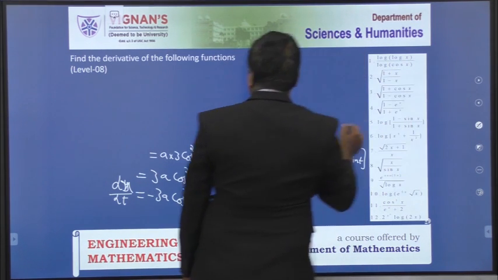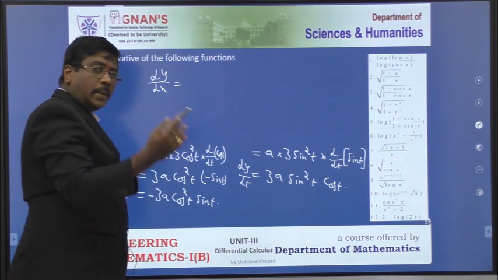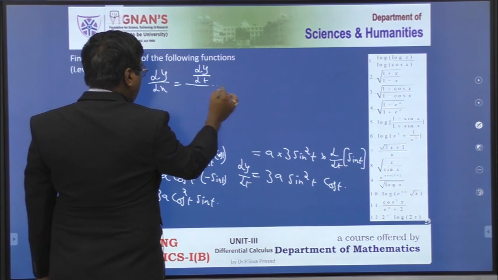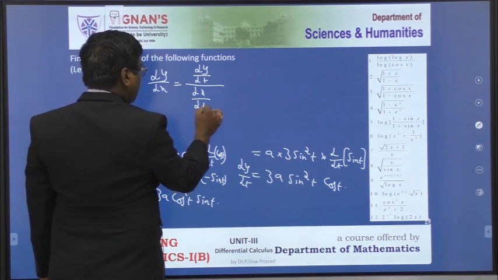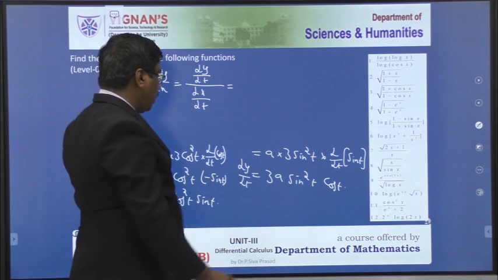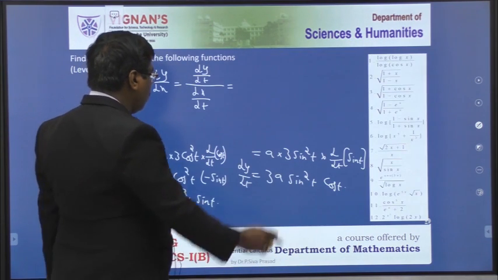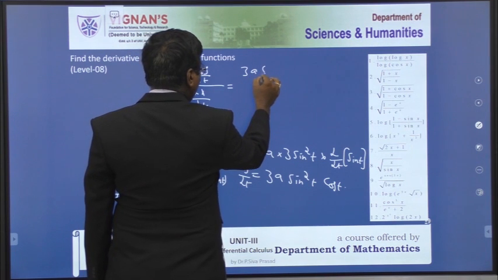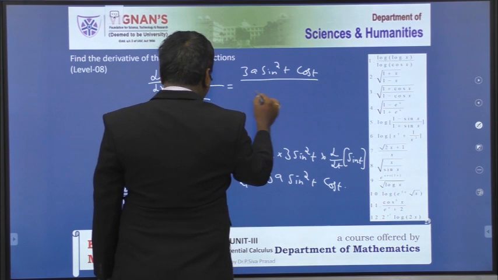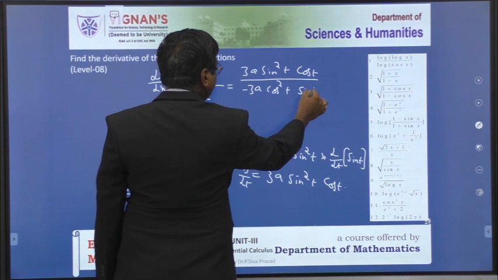Therefore dy by dx is equal to, how do we have to write? dy by dx, you can use the parameter. Therefore dy by dt divided by dx by dt. What is the value for dy by dt? Here this is equal to 3a into sine square t into cos t divided by minus of 3a into cos square t into sine t.